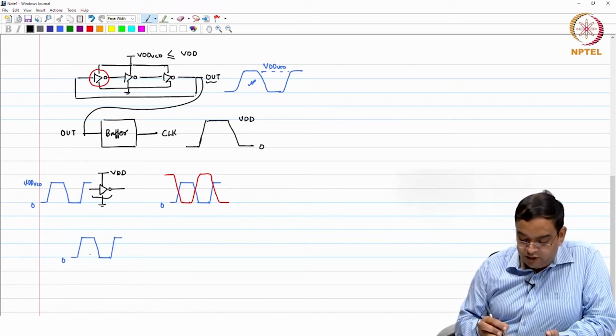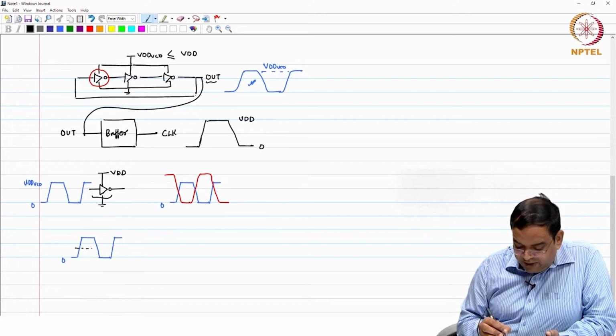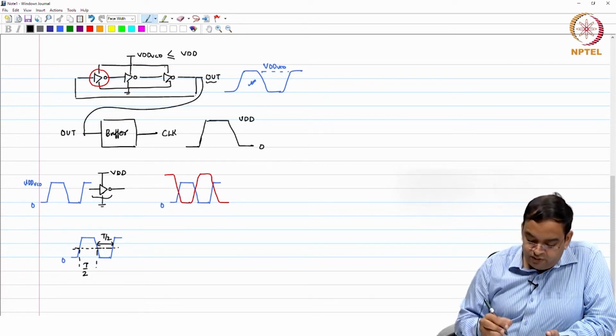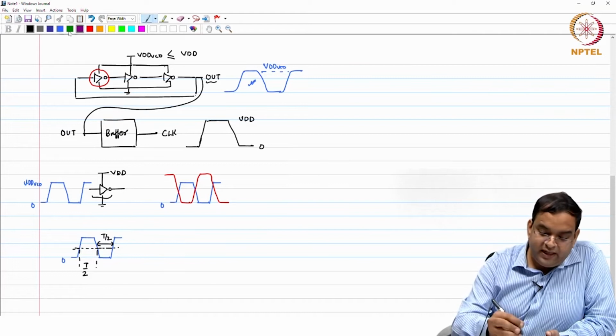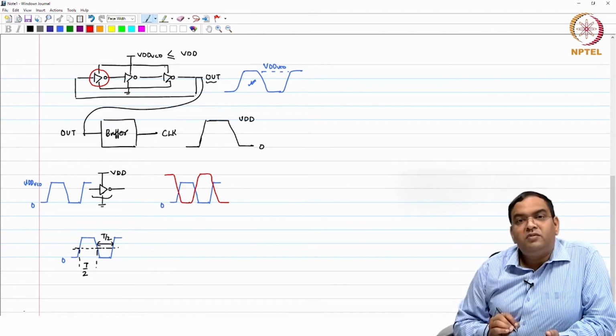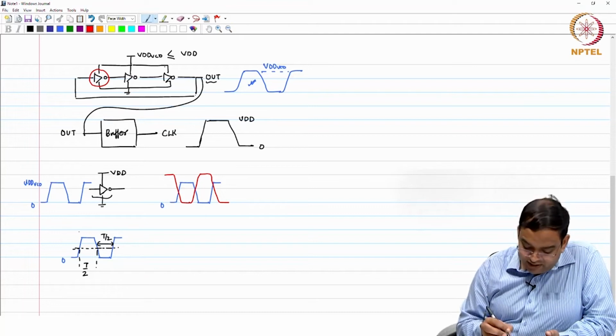So, with respect to the midpoint here, you may see this whole as T by 2, whatever the time period you have, and this also as T by 2. But when you give this signal to an inverter directly, you will not get the same duty cycle.